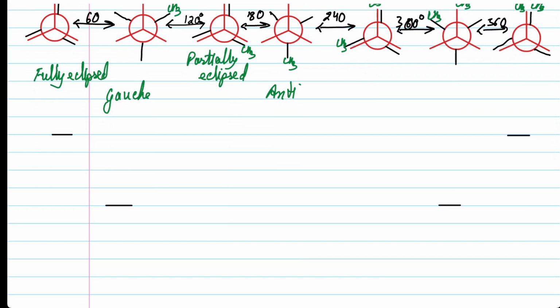The partially eclipsed structure is going to have energy somewhere in between the fully eclipsed and Gauche, while the anti structure would have the lowest energy.